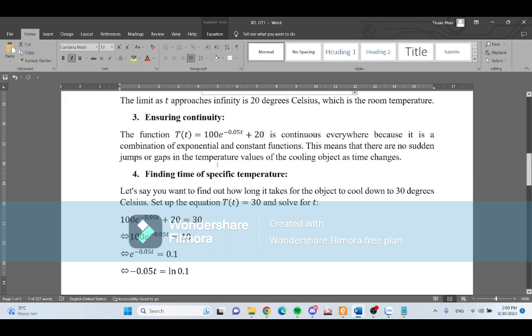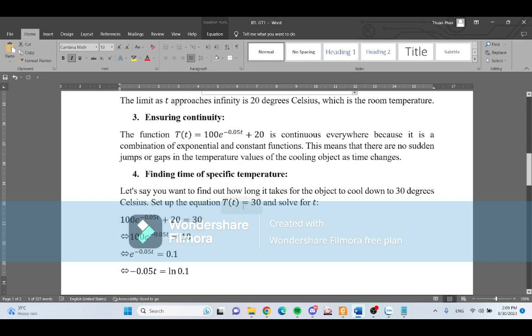And in the last part, we learn how to find the time for a specific temperature. Let's say you are interested in determining how long it takes for the object to cool down to a desired temperature, such as 30 degrees Celsius. To address this, you set up an equation using the temperature function, which is here.